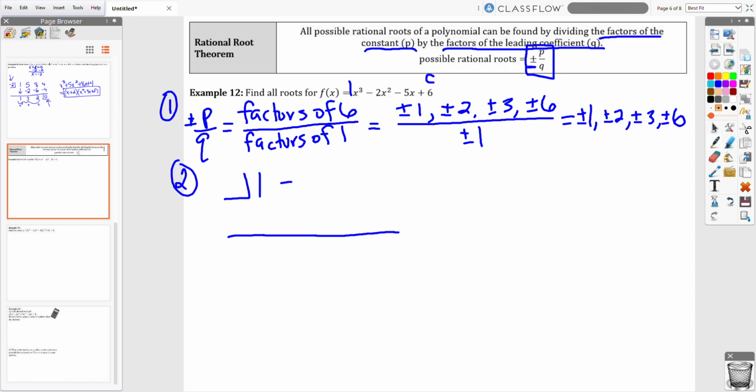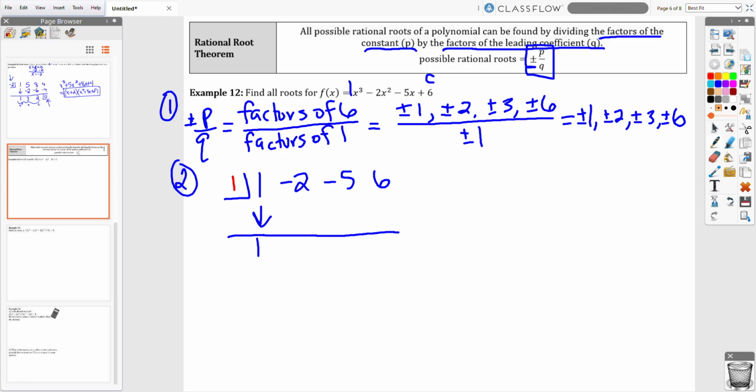So we have 1, -2, -5, and 6. So if we're going to try out one of these numbers, let's just try positive 1 and see what happens. We're going to just try all 8 of those numbers on our list from step 1 and see what happens. So I'm just going to try positive 1 first. You can try any of those numbers first.